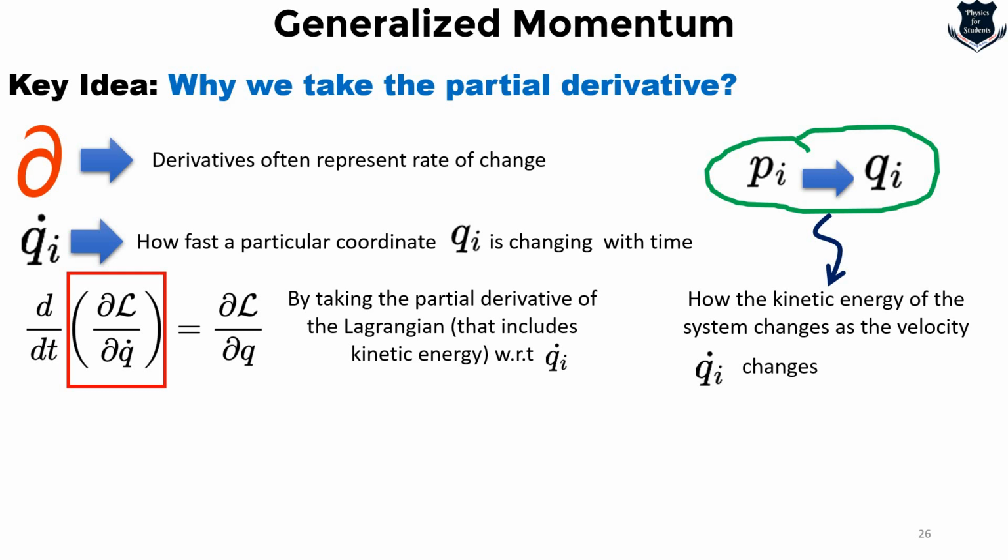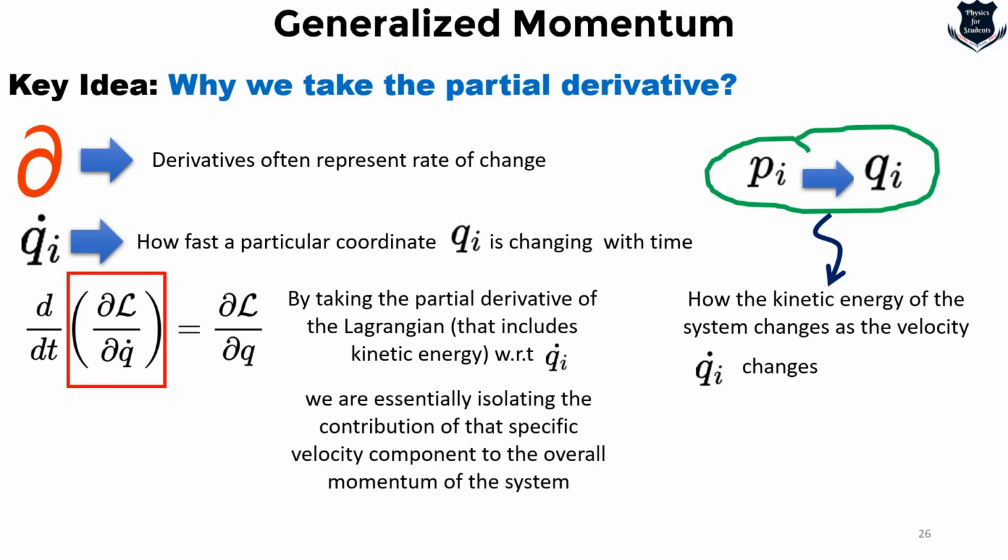If we take the partial derivative of the Lagrangian, which includes the kinetic energy, with respect to qi dot, we are essentially isolating the contribution of the specific velocity component to the overall momentum of the system. Generally we do the partial derivative keeping one constant, varying the other, keeping the second constant, varying the third, and so on. Let me give you a very quick pictorial analogy, it would be easier for you to understand.